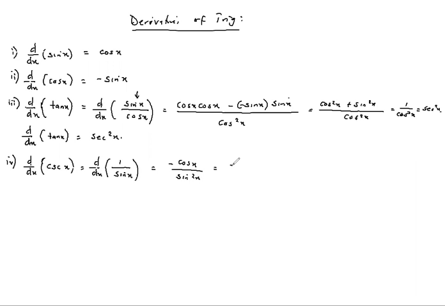And this is the same as negative 1 over sine x and cos x over sine x, which becomes negative cosec x cot x. So that's the derivative for cosec. It's negative cosec cot.